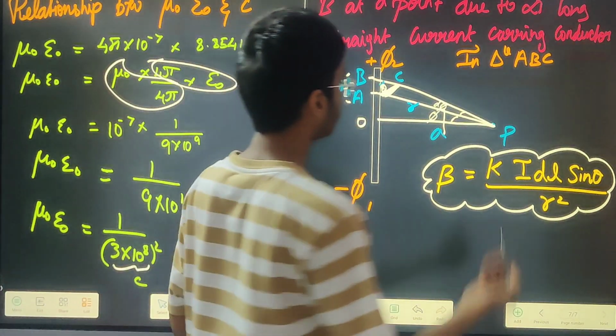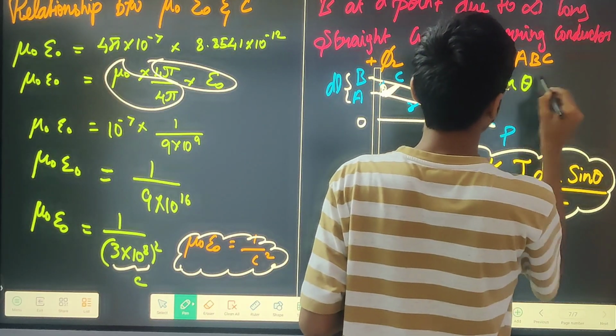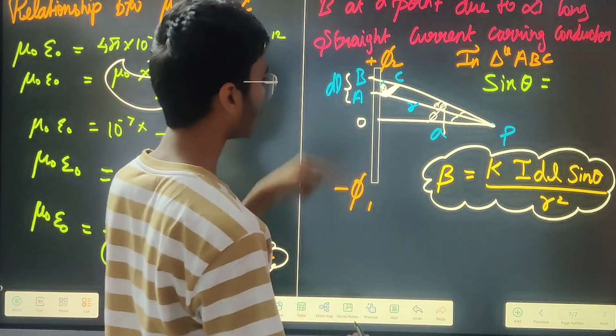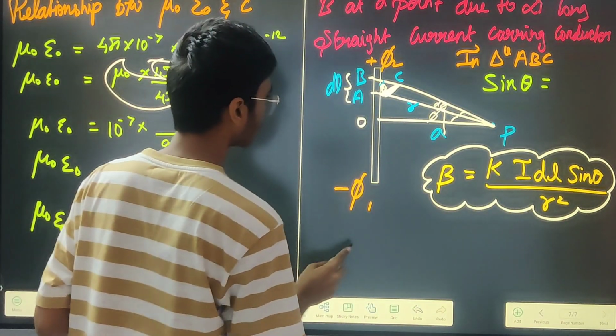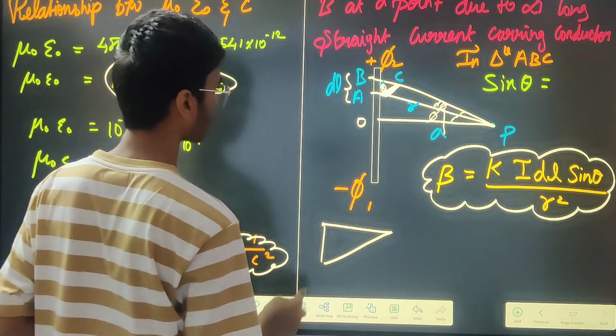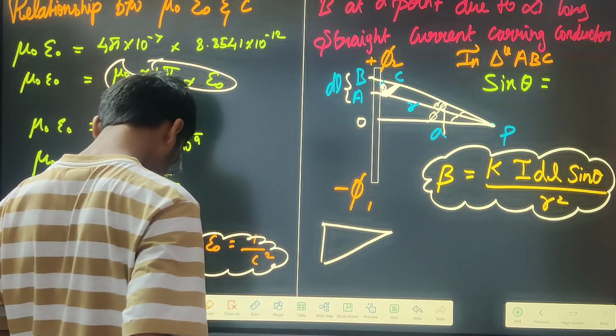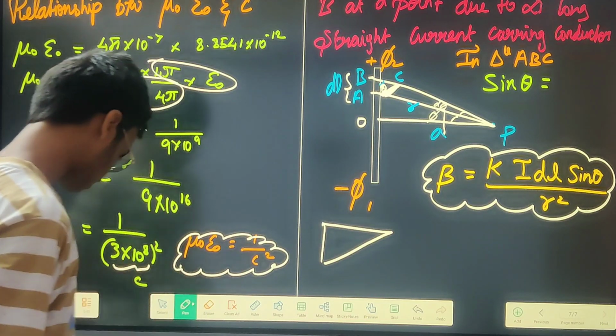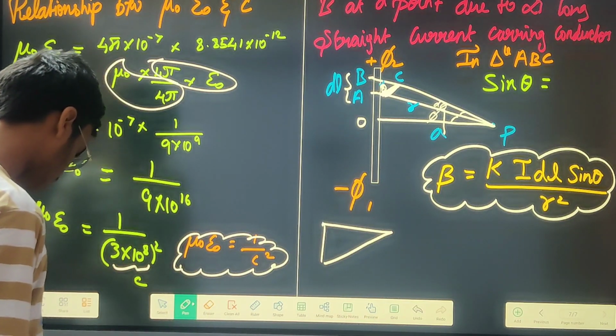It's going to be theta angle, right? Okay, so sine theta is equal to what? I'm going to draw this one, just a rough diagram. Like that it is.